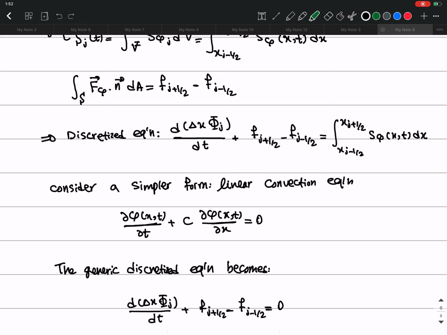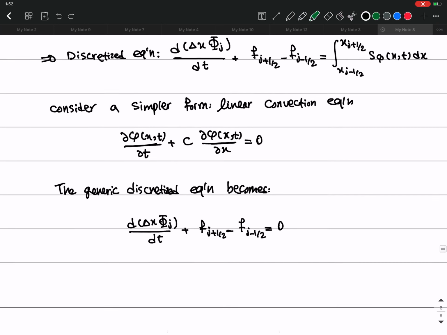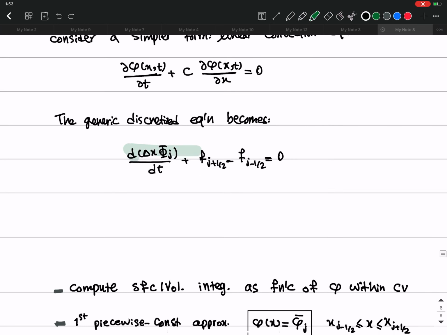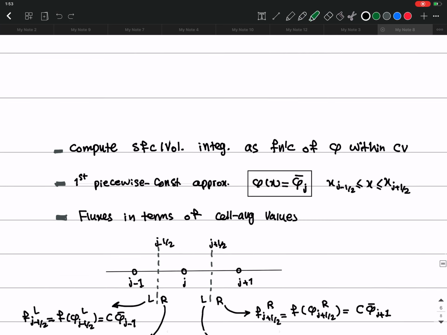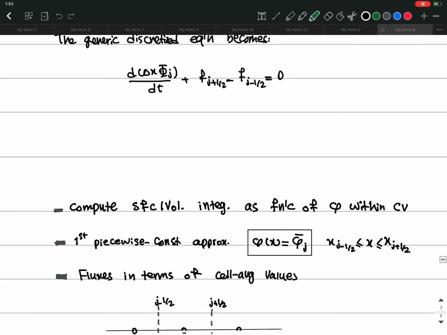And then this was the general discretized equation for most of the transport equations. And I considered a simple linear convection equation without any source and showed that for this example, this is going to be the generic discretized equation, and then you have to compute surface and volume integrals as functions of phi within the CV. So a simple first piecewise constant approximation is you assume the phi within that CV equals the cell average value.